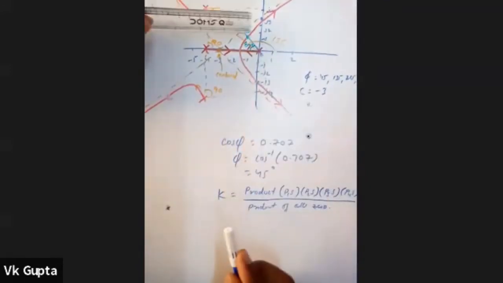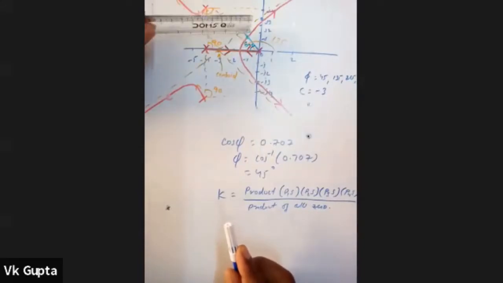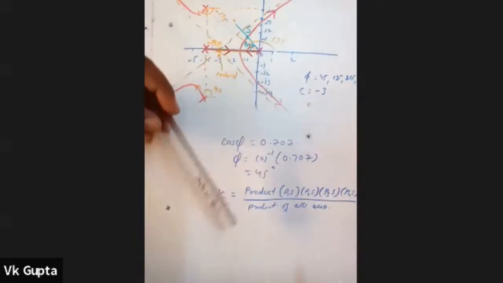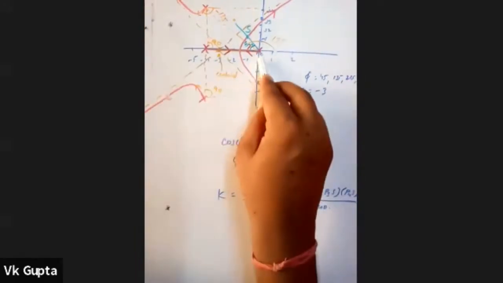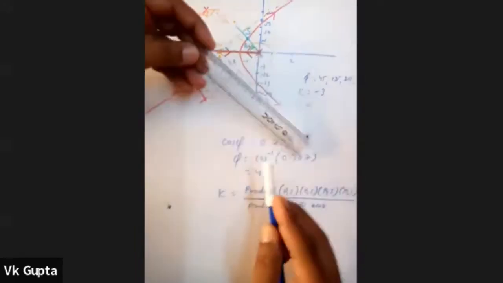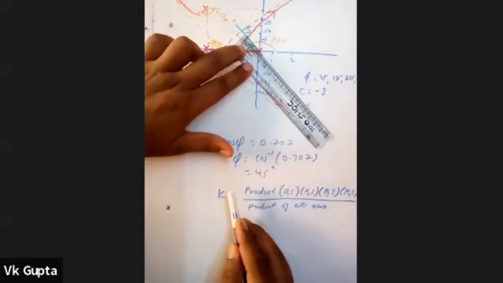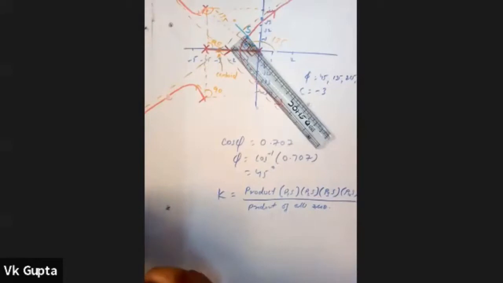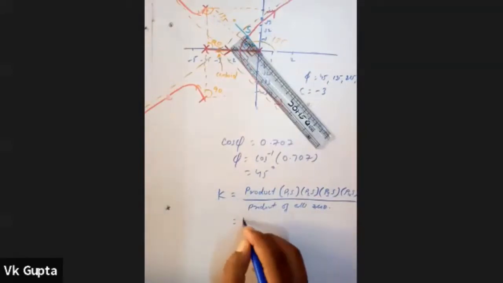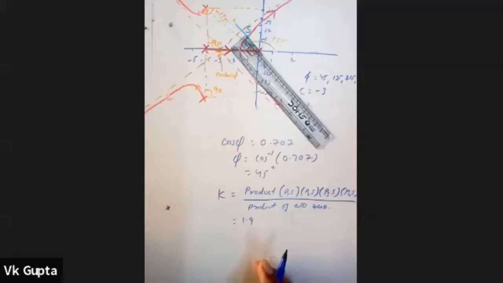S is the point of intersection on the root locus by the 45 degree line. Let us measure the distance between pole 1 and S. Let it be 1.9 centimeter. You have to do this exactly using a graph.